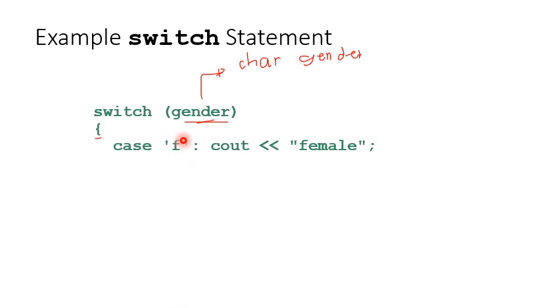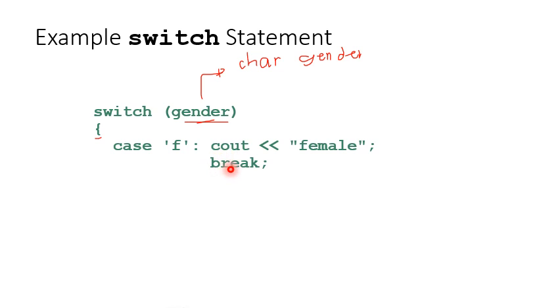So F here is a char value because it is enclosed with a single quote. Then your colon, then cout female. If the user presses F, then it will display female. Then break.